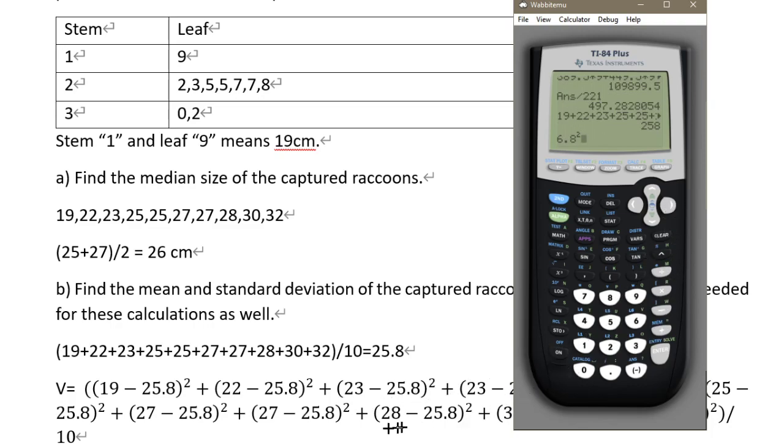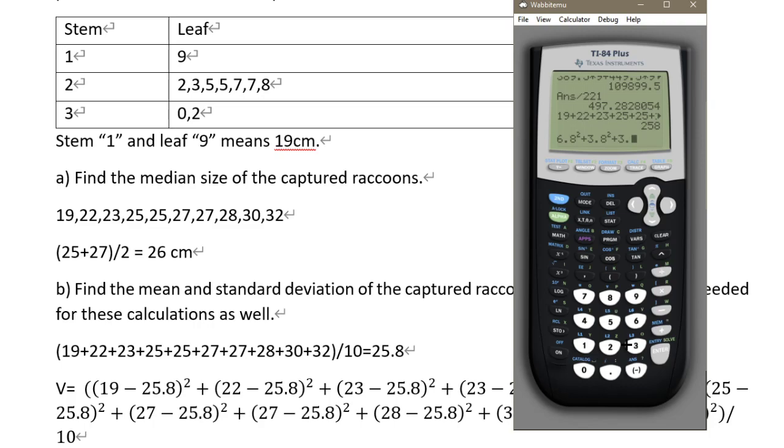Again, there's an easier way if you use a calculator. This difference will be 3.8 squared, and then plus 3.8.